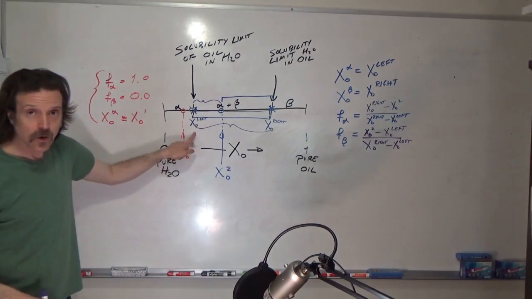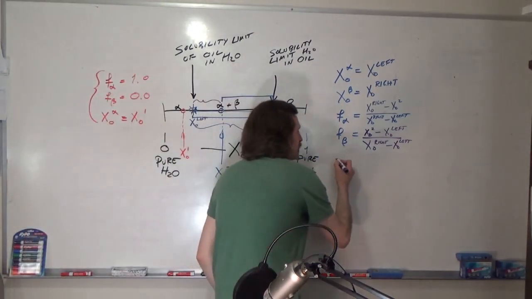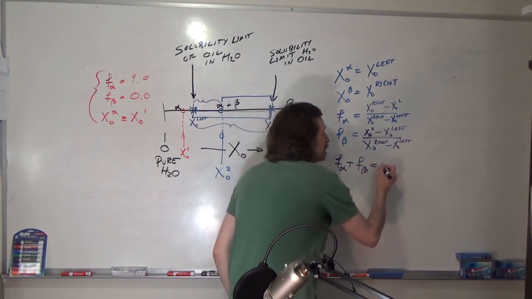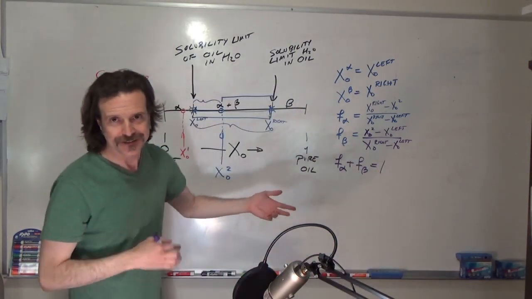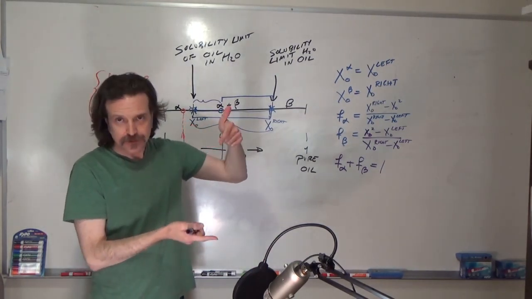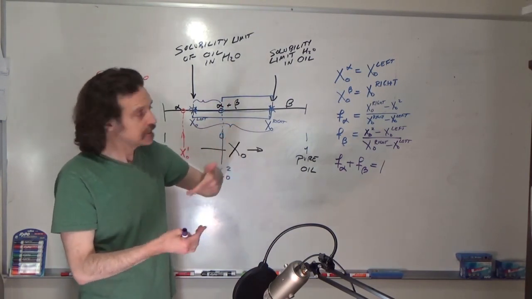You could do that, or you could recognize the fact that the fraction of alpha plus the fraction of beta is equal to 1, right? That has to be 1 because our system we're looking at, it's either alpha or beta or it doesn't exist.